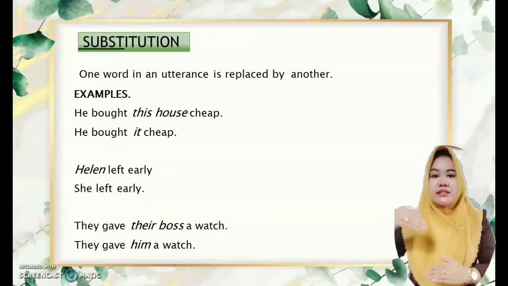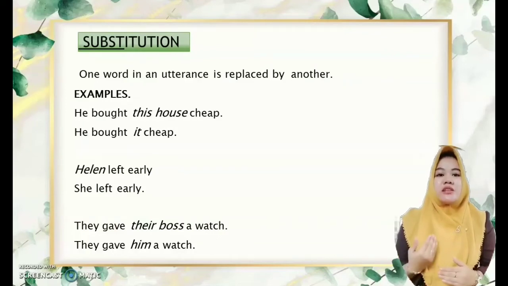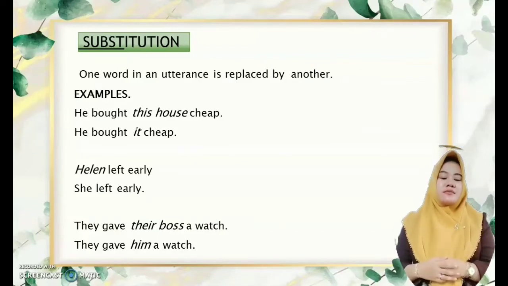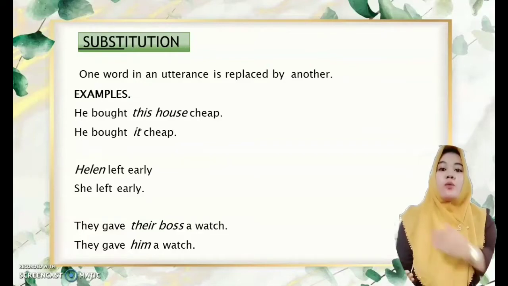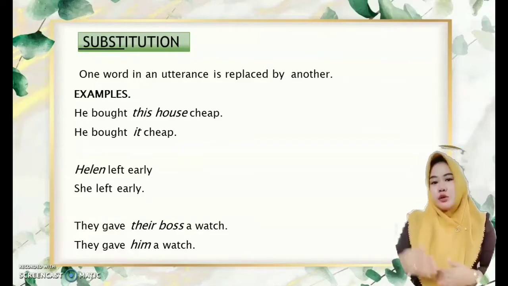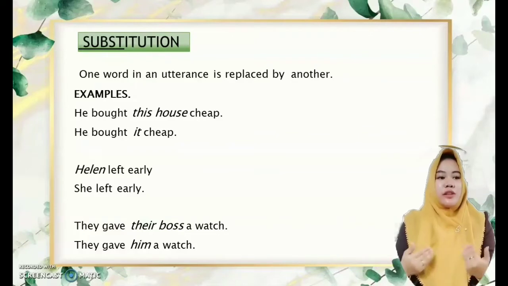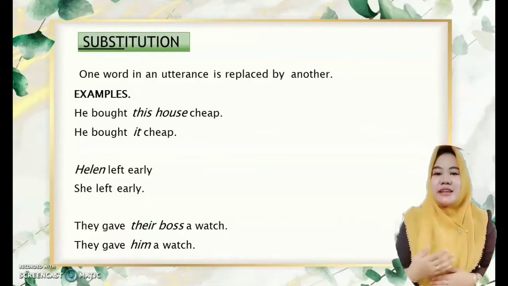The students repeat the sentence with she left early. So the word she substitutes Helen. And the other example, they gave their boss a watch. And the students substitute their boss with him. They gave him a watch.